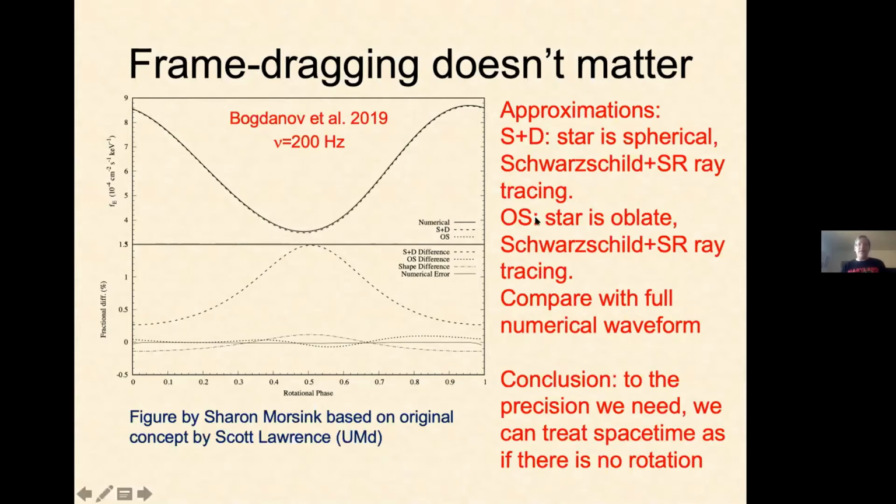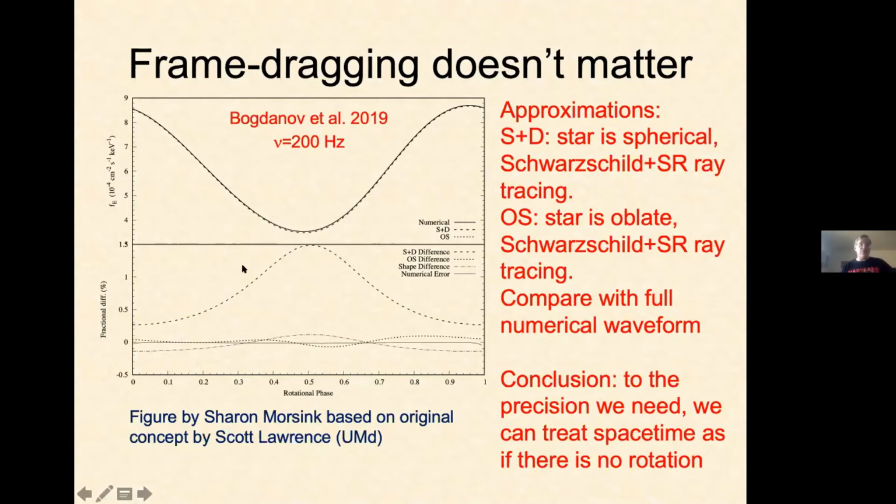The OS, this is the oblate Schwarzschild, introduced by Sharon Morsink and her colleagues in 2007, where you have a good approximation to the true shape of the star, so it's oblate, but you use a Schwarzschild external spacetime, and you do put in special relativity.